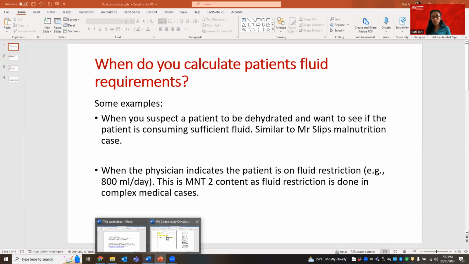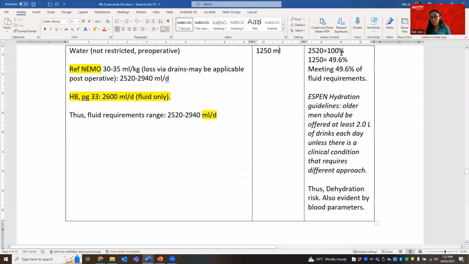When you look at Mr. Slip's case study, which I had covered with you, I showed you both of the calculations, the NEMO calculation and the handbook calculation. The NEMO calculation gave you a range, and when you do the fluid only calculation from the handbook, you see 2,600 sits between 2,500 and 2,900. So I hope this helps jog your memory that we did cover this.